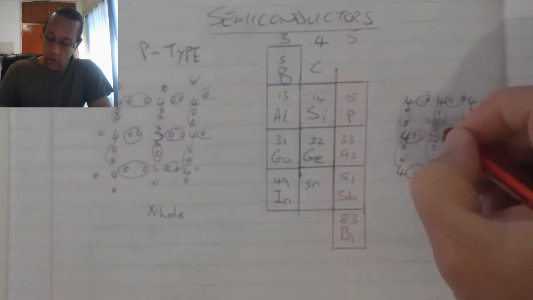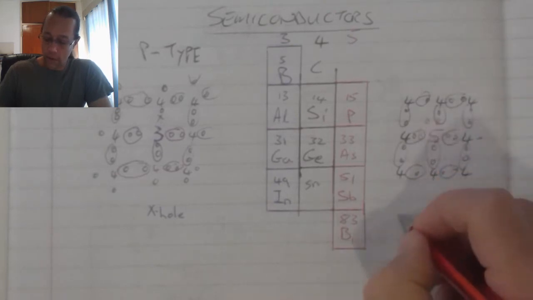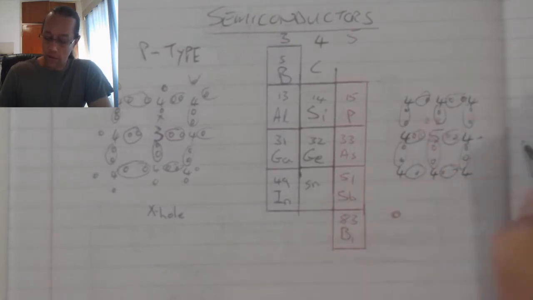But we find that because of my column 5 element that has an extra electron, we've got an extra electron.